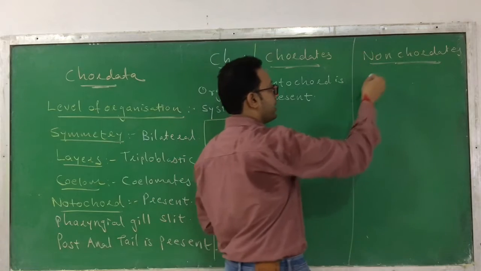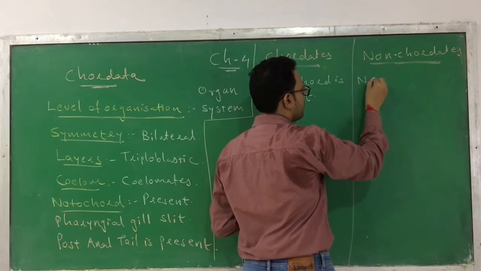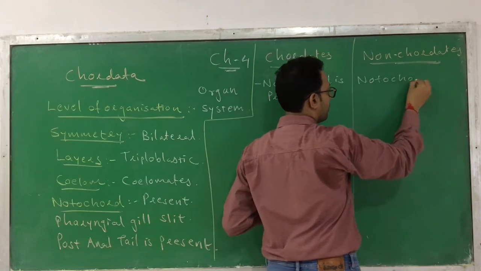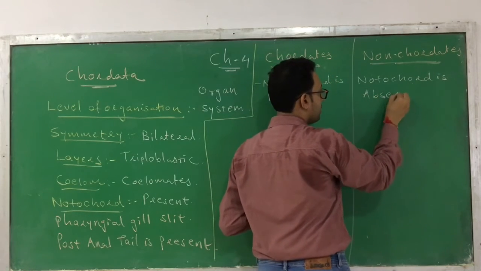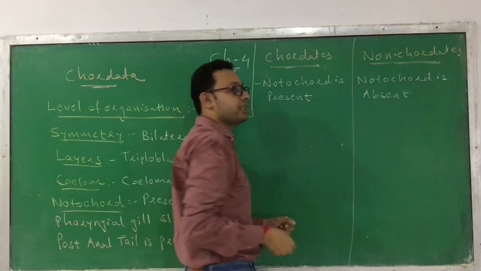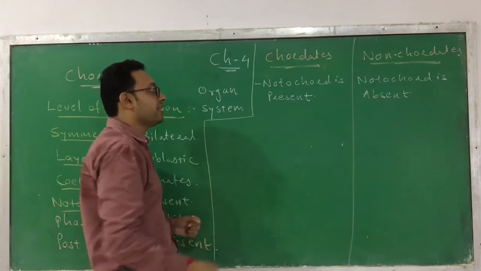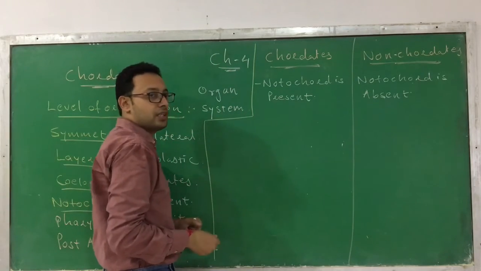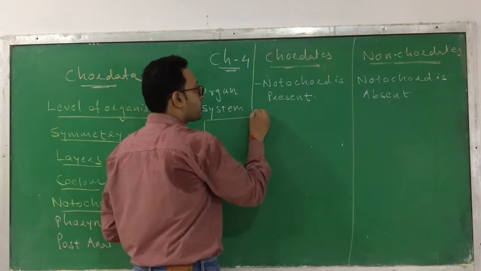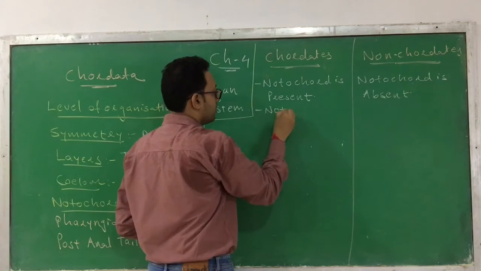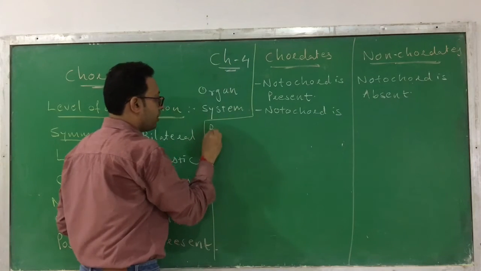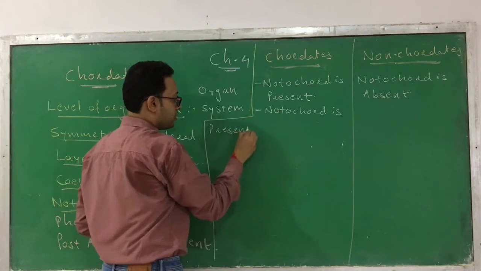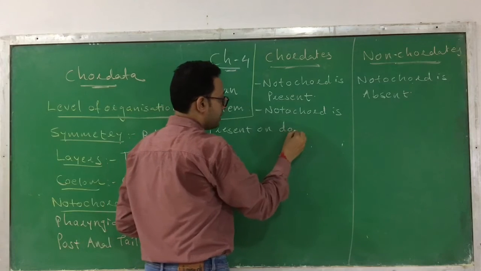But in non-chordates, the notochord is absent. In chordates, the notochord is present. In non-chordates, the notochord is absent. Now you know that the notochord is present. So where is it present in the body? The notochord is present on the dorsal side.